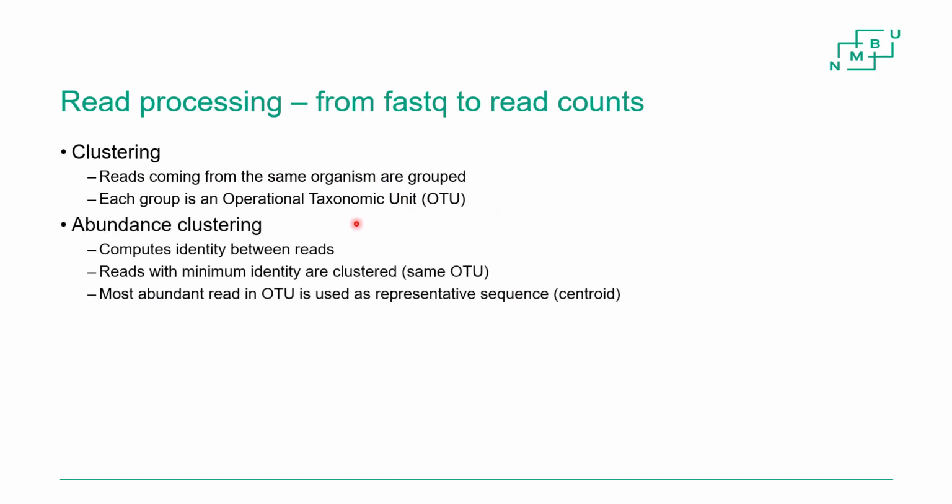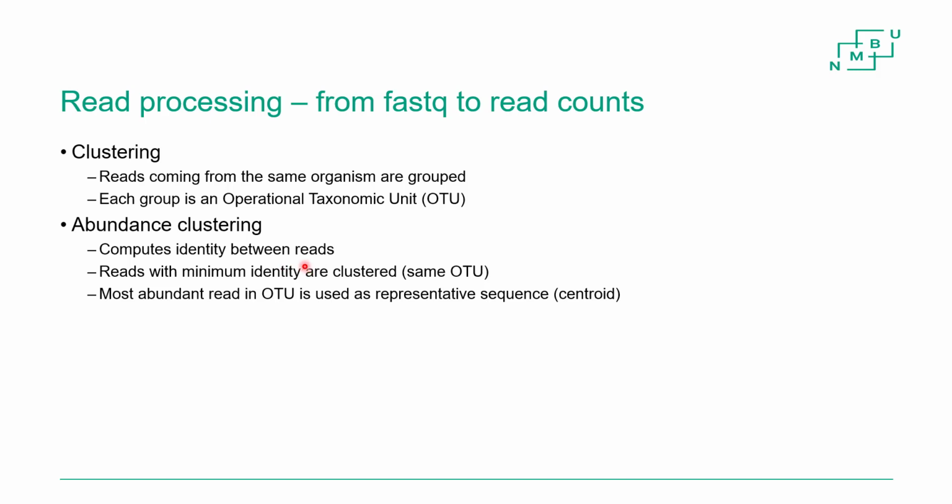We will look at two distinct ways of doing it in this module. The first one is the classical one, abundance clustering. And what is the idea here? Well, first of all, compute the identity between the reads. How similar are they to each other? Reads with a minimum identity are clustered. So if they are similar enough, they are clustered into an OTU, right?